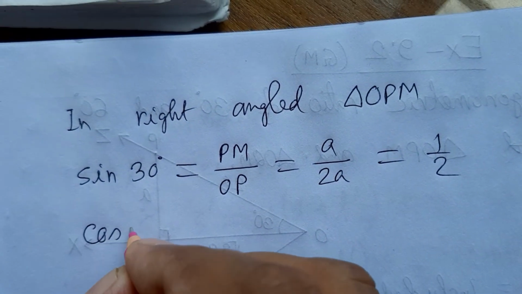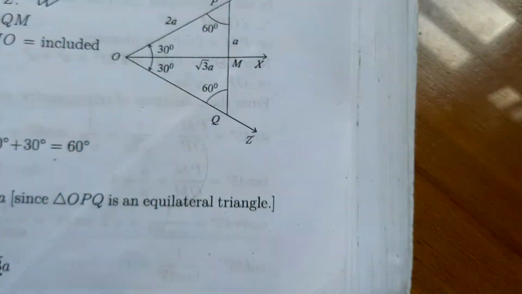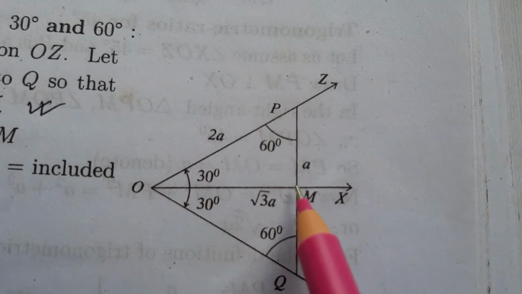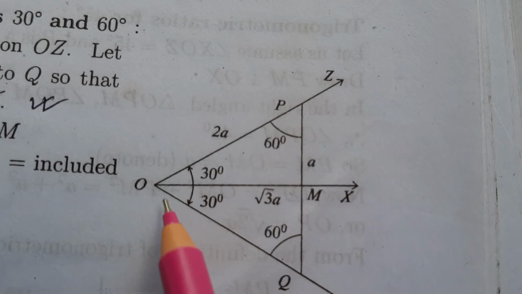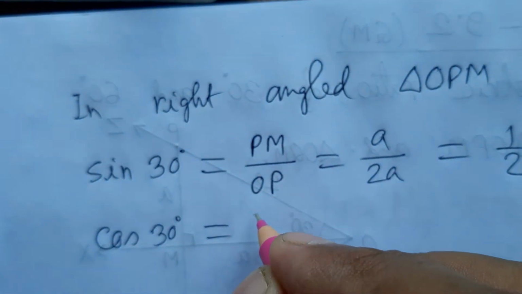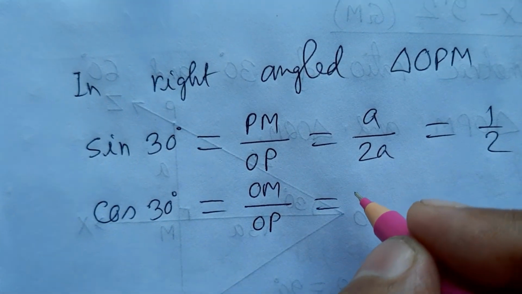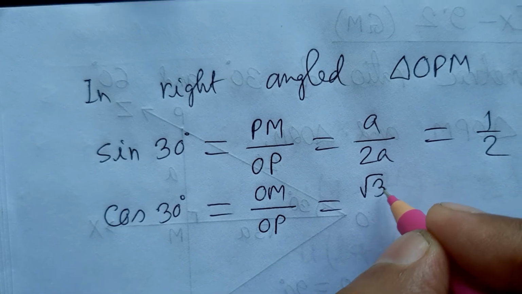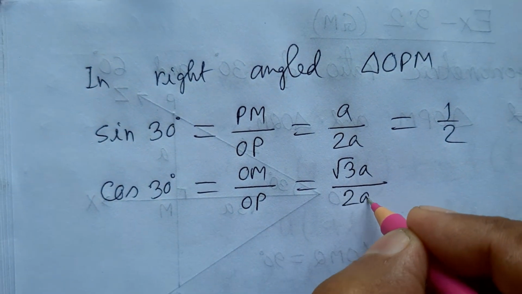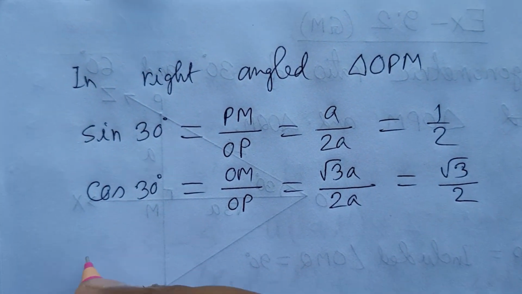Similarly, cos 30. We know cos 30 formula is base divided by hypotenuse. Here base is OM, so cos 30 is equal to OM by OP. Here OM is root 3A and divided by OP means 2A, so finally A cancelled, we get root 3 by 2.